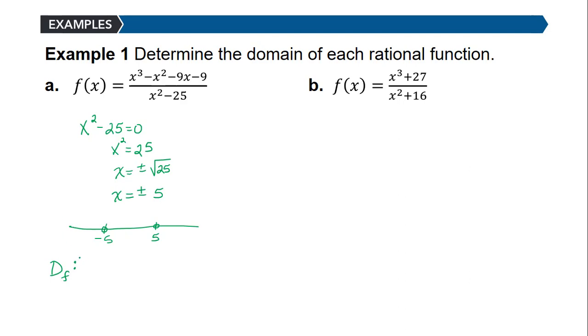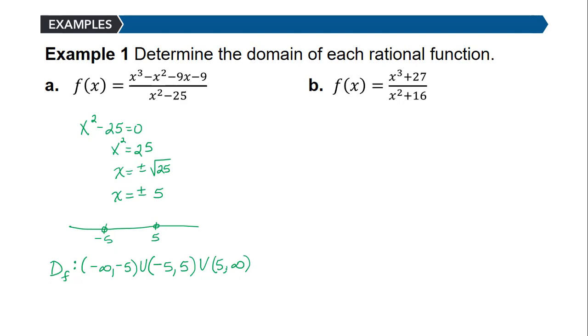So everything before negative 5 is negative infinity to negative 5, parentheses, union everything between negative 5 and 5, which is open parentheses, negative 5, comma 5, close parentheses, union, and then everything to the right of 5, which is open parentheses, 5, comma infinity, close parentheses.